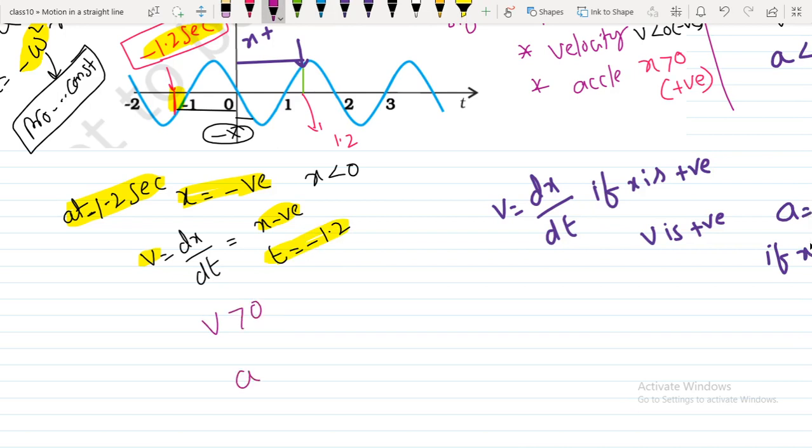And what about the acceleration? Acceleration a equals minus omega squared x. With position negative, a equals minus omega squared times minus x, so acceleration becomes plus omega squared x, which is positive, greater than 0.